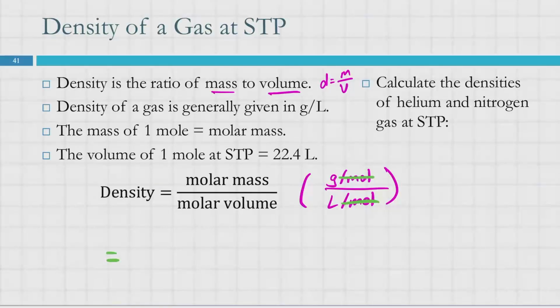So we can calculate densities of helium, 4 grams per mole, and nitrogen, 28.014 grams per mole because it's N2.